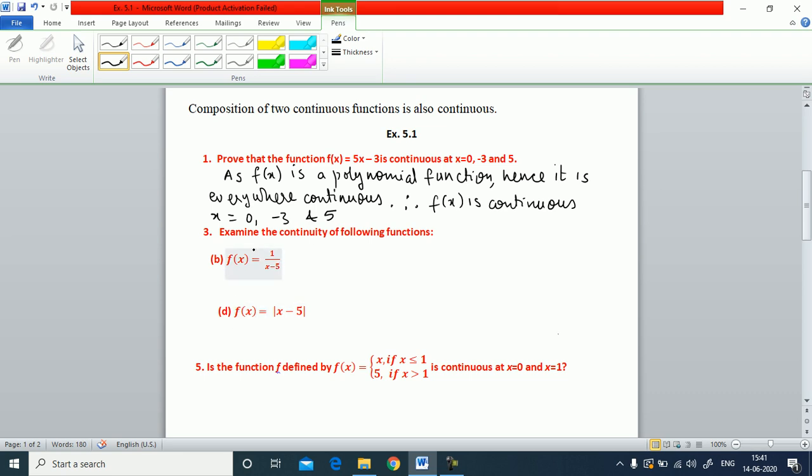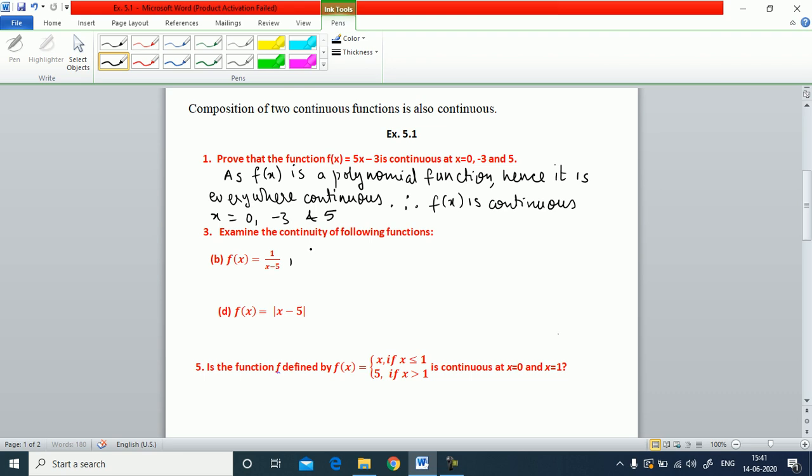Now look at these two parts of question number 3. Again, we are examining the continuity of the function. Just now I told you that if a rational function is defined, it will always be defined in its domain. So obviously over here x is not equal to 5, because for x equal to 5, the denominator will become 0 and we cannot define this function. But if it is defined, that means it is defined in its domain.